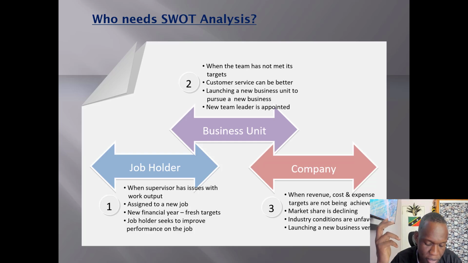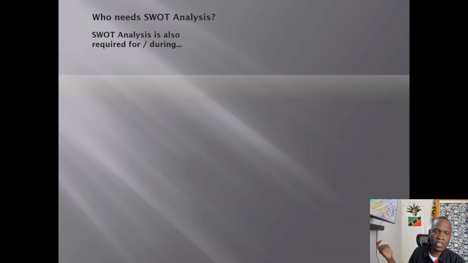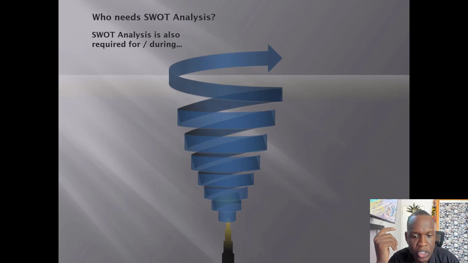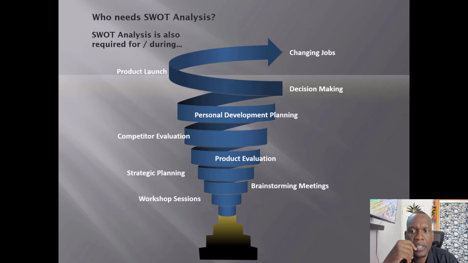So you can use this as a bird's eye view. And again, you have to be honest with yourself. Understand what's happening. Don't try to sugarcoat anything. Right? So understand why things are going down, why things are going up, what can I do to improve, what's not happening, those kind of things. So that's some of the reasons why you might need to engage in the SWOT analysis, right?